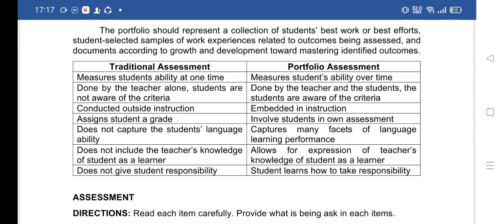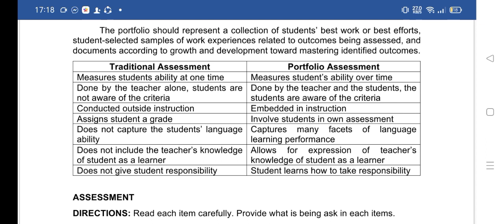Yeah. And then under portfolio assessment, it measures students' ability over time, done by the teacher and the students. The students are aware of the criteria embedded in instruction, involves students in their own assessment, captures many facets of language learning performance, allows for expression of the teacher's knowledge of the student as a learner, and students learn how to take responsibility.